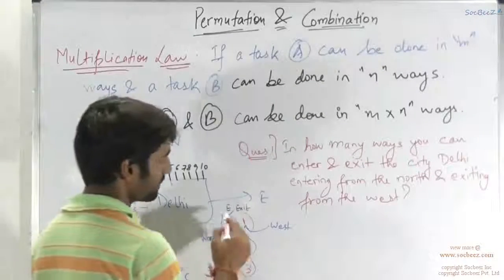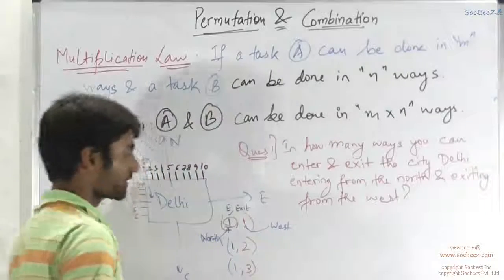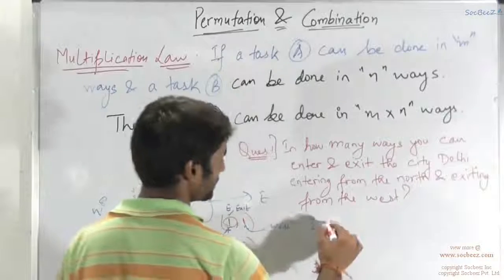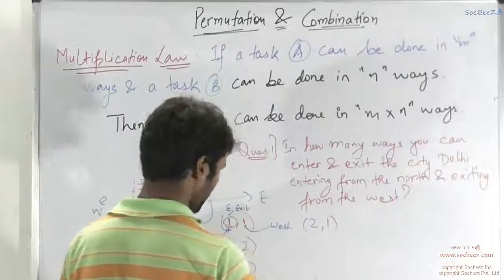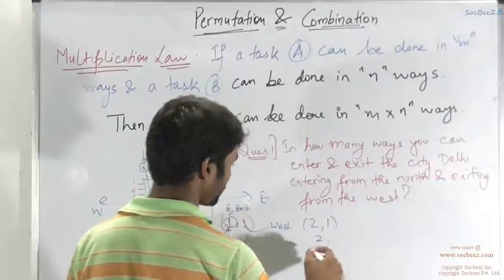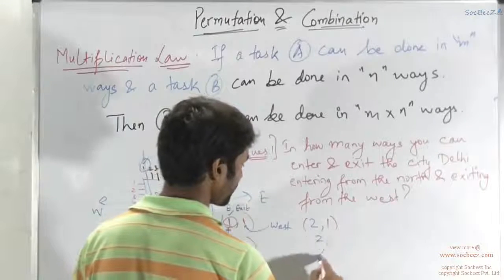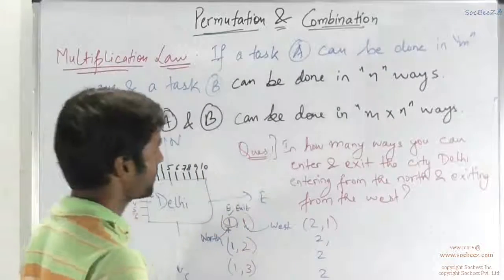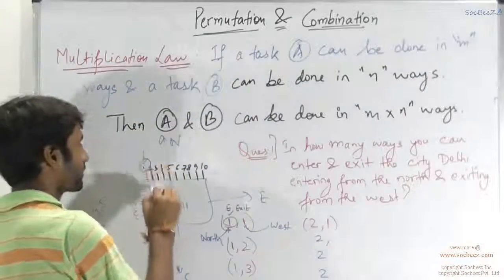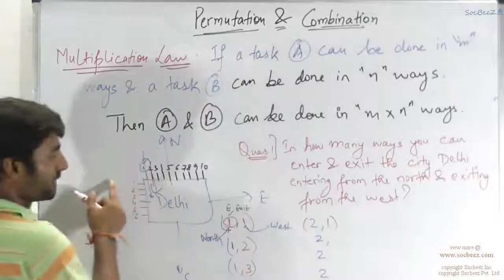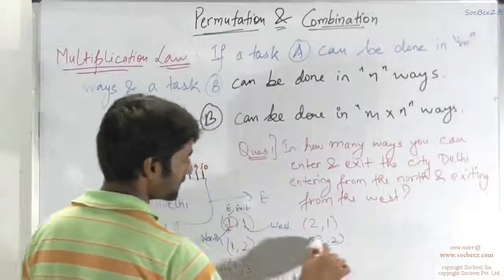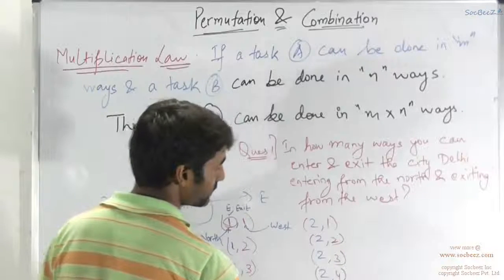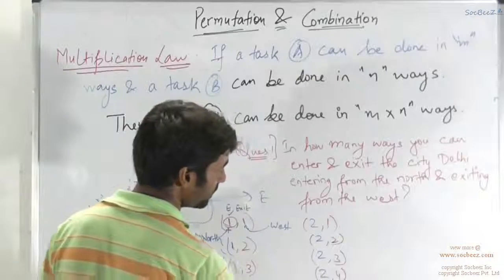Similarly, if you entered from the second gate, you can exit from the first gate on the western side, or the second, third, fourth, fifth, or sixth gate from the western side.